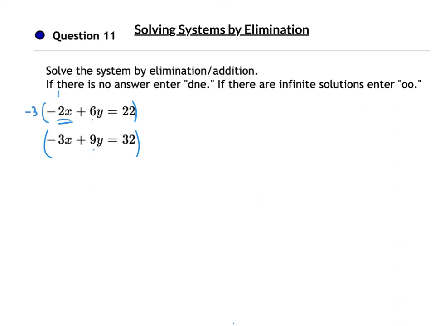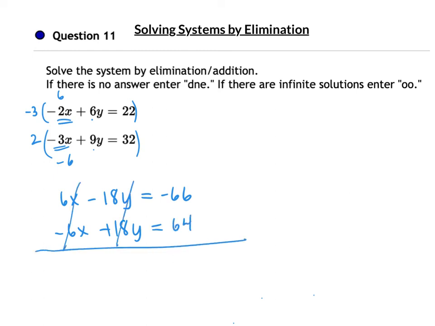Now I want the bottom to be negative 6. What do I multiply negative 3 by to make it negative 6? That would just be 2. The top equation multiplied by negative 3 becomes 6x minus 18y equals negative 66. That's negative 3 times 22. Multiply the bottom equation by 2: negative 6x plus 18y equals 64.